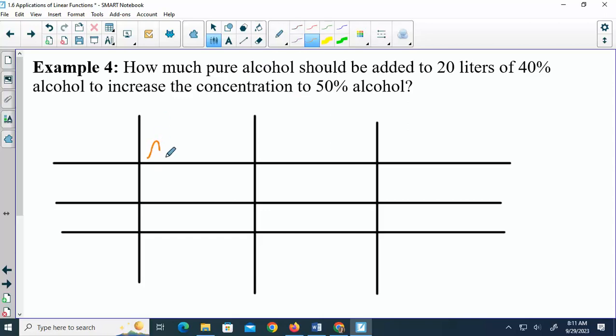So if we're working with concentrations, we can do the amount times the concentration equals the amount of pure substance. In this case, we're looking for the amount of what? Alcohol in this particular scenario.